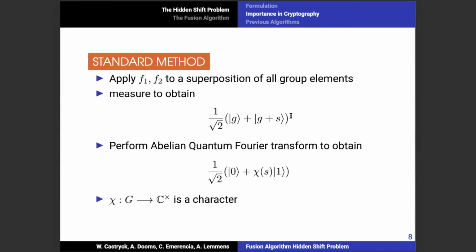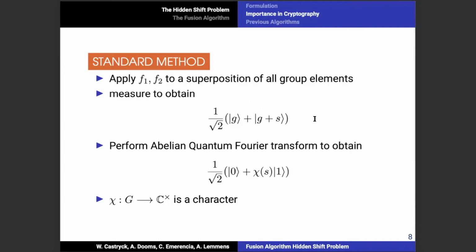We have already mentioned this standard method. So what is it exactly? We start from the uniform superposition over all the elements in the group, and we apply the functions f1 and f2 in another register. We measure this register to obtain some value f1 of g, and the state collapses into a superposition of the states g and g plus s.